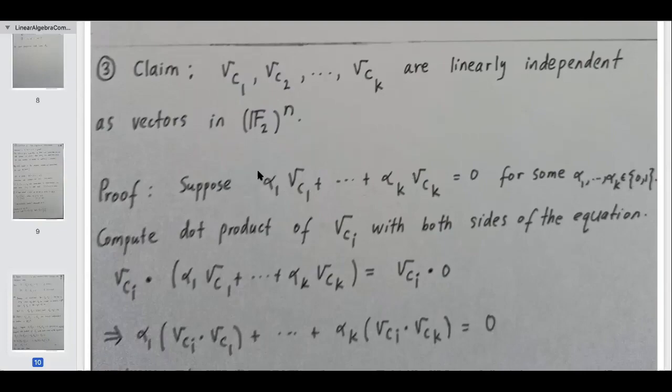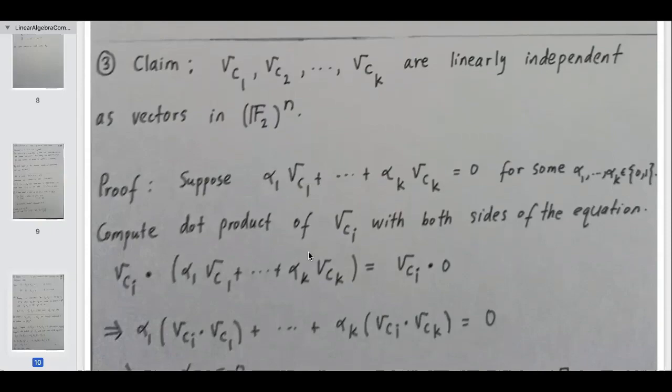So how do we do that? What we do is compute the dot product. Since we have information about the dot product, compute the dot product of vCi with both sides of the equation. The left hand side is some expression in terms of the vCi's and the alphas, and the right hand side is the zero vector.